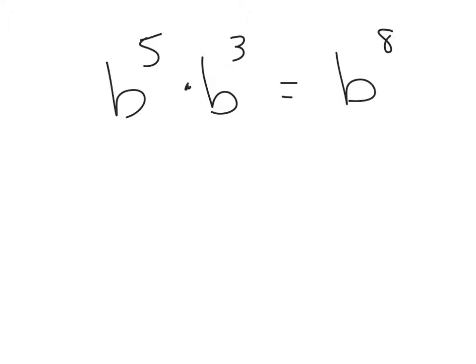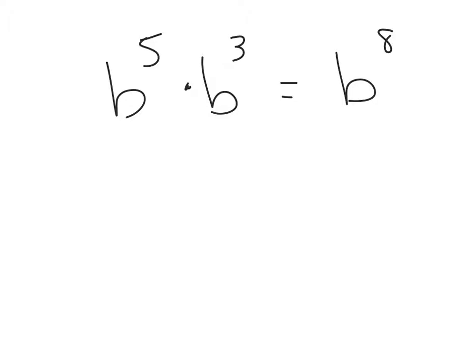Addition and subtraction with polynomials is a little bit different than multiplication, as when we talked about our different rules for exponents. Remember we had the product rule for exponents. When I have, say, b to the 5th, and I'm multiplying that by b to the 3rd, we can combine these two by adding the exponents and making this b to the 8th.